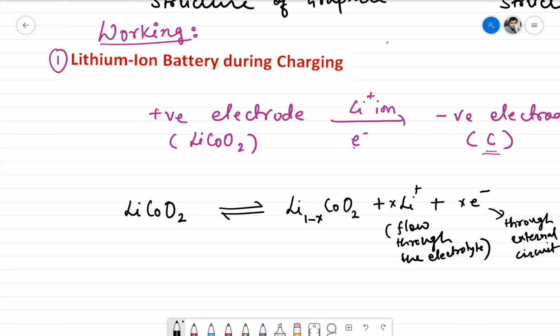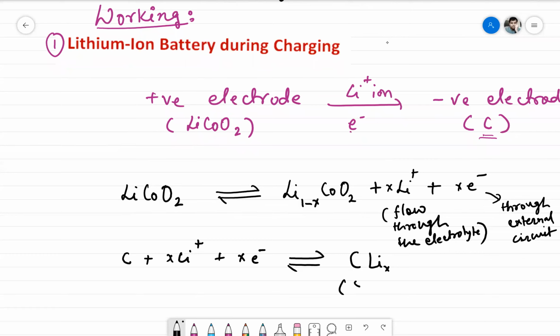Now these lithium ions and electrons combine at the negative electrode with the carbon, forming carbon lithium X, the intercalated compound of graphite. This is called intercalated graphite.